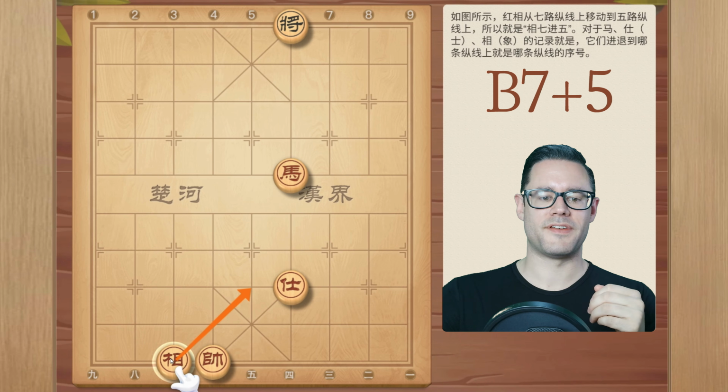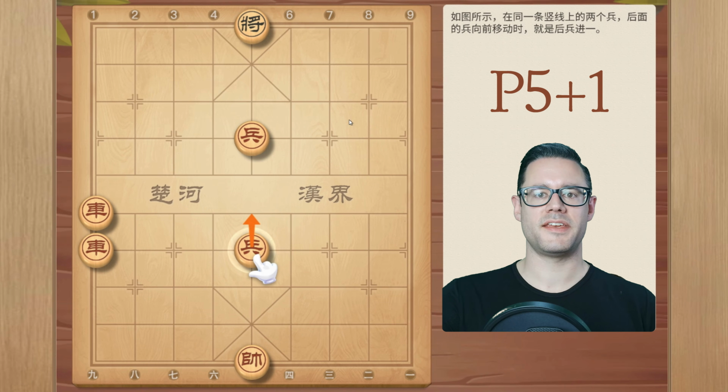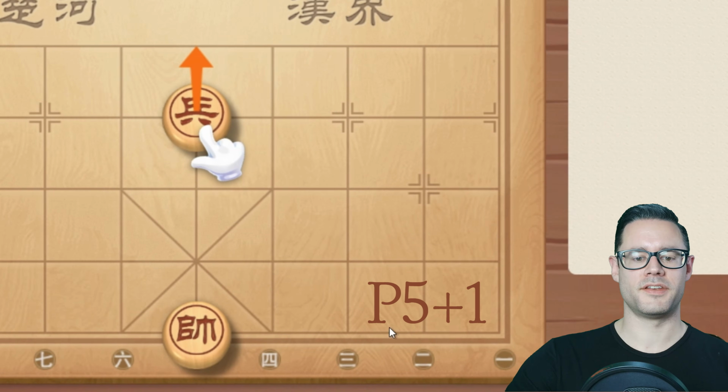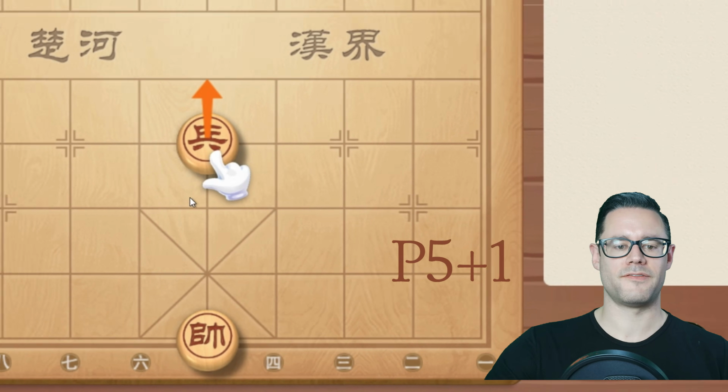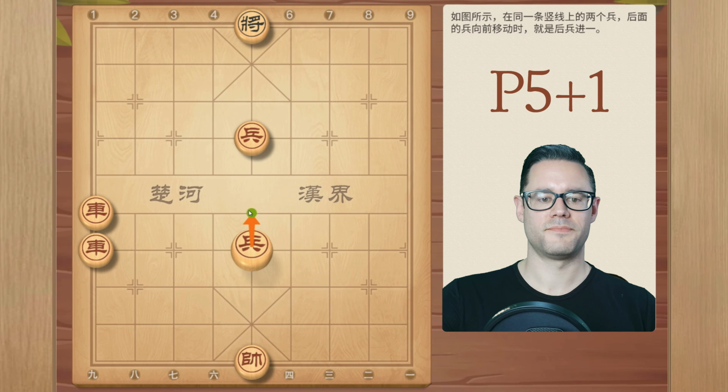So B7 plus 5. For pawns, it's the same thing. P is for pawns. So the pawn on the 5th file, 1, 2, 3, 4, 5. P5 plus 1, meaning it advances forward by 1 space.